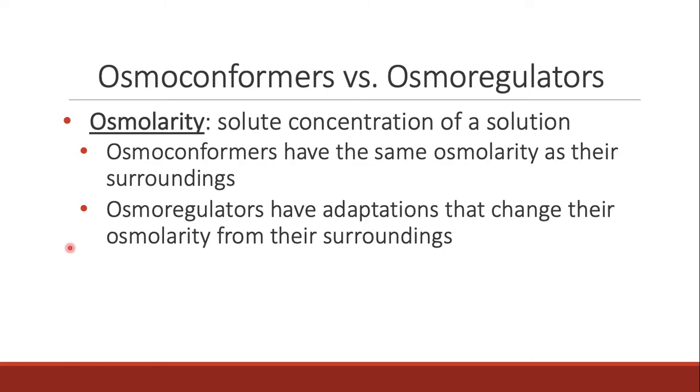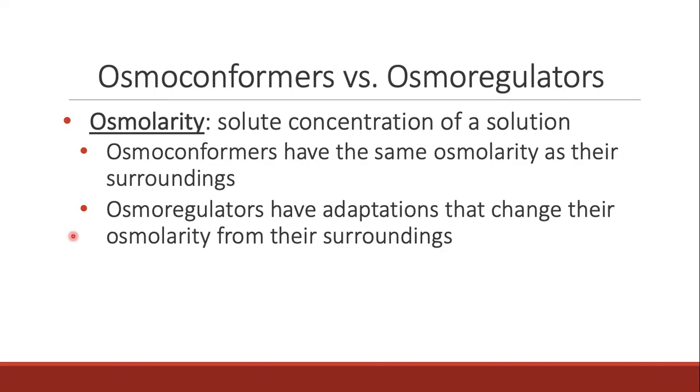There might be times when we are producing more waste than we usually do, and we can still pump out that waste and keep our osmolarity at the level that we perform best at. Even though there's an increase of waste, our kidneys can make sure we pump that waste out, so we don't have an increased concentration of waste, whereas osmoconformers would not be able to do that. So hopefully that makes a good amount of sense, the difference between osmoconformers and osmoregulators.